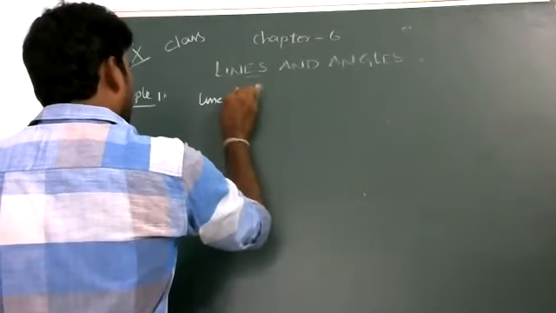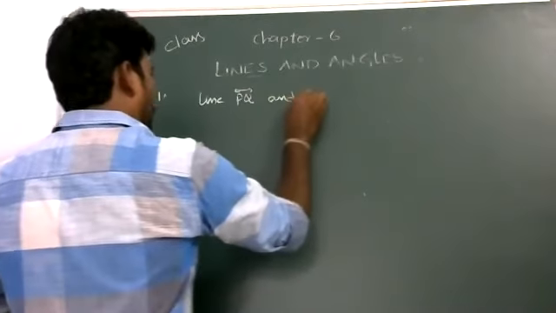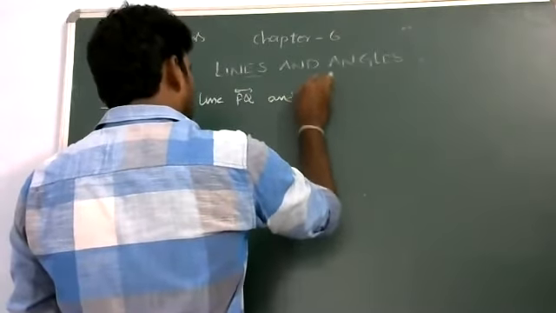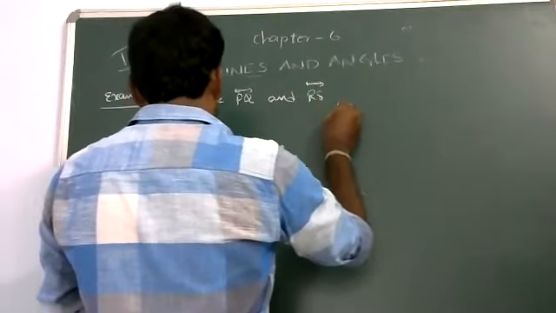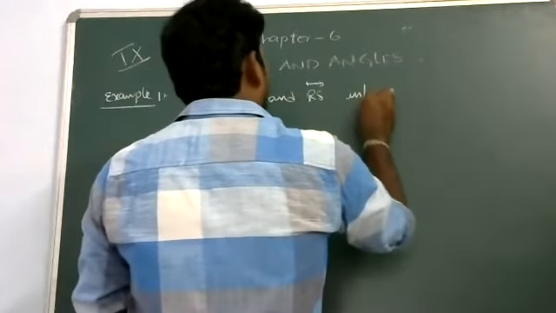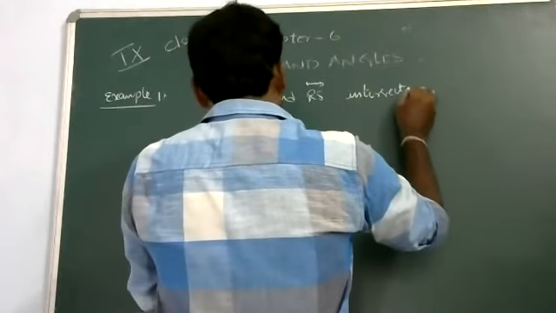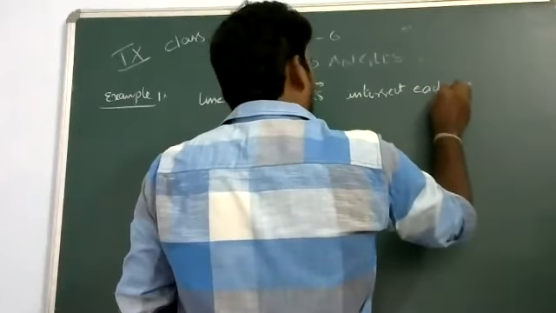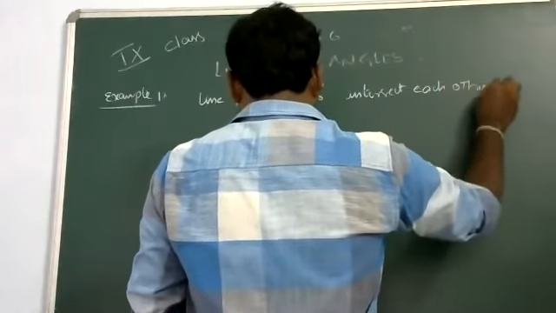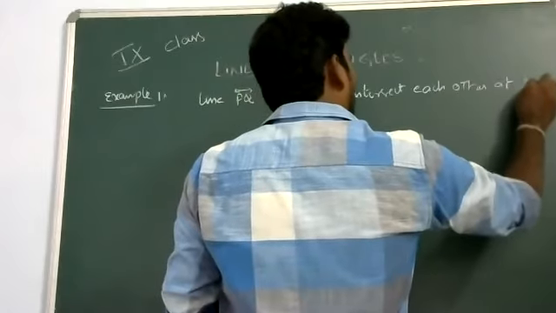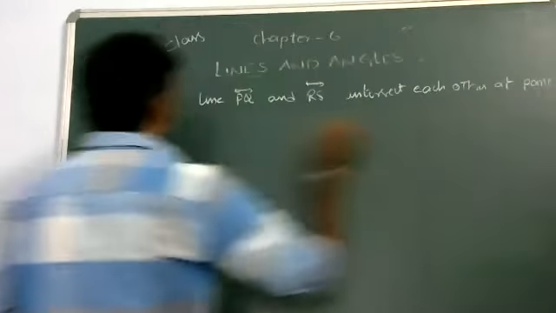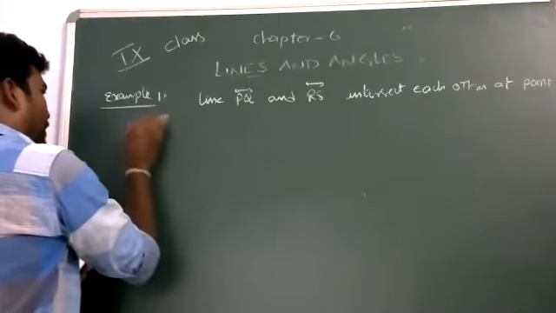Line PQ and RS intersect each other at point O.